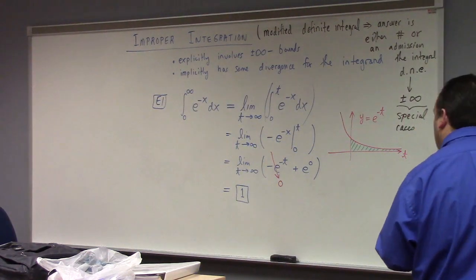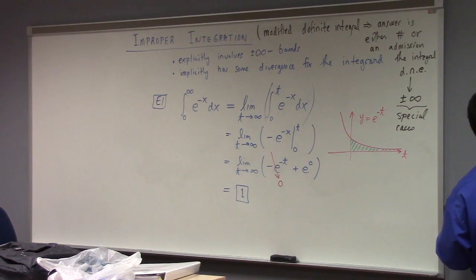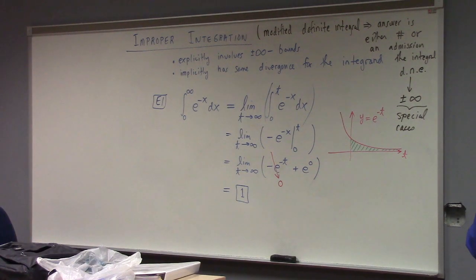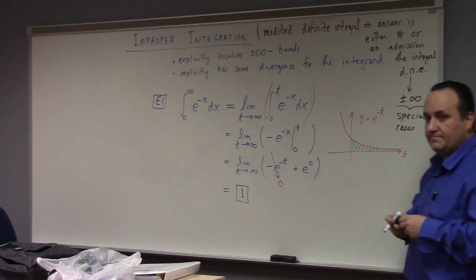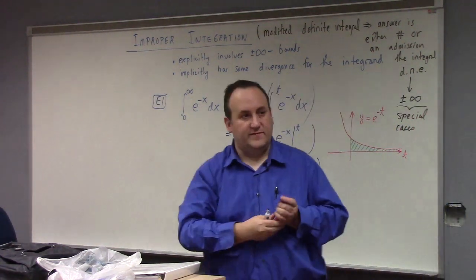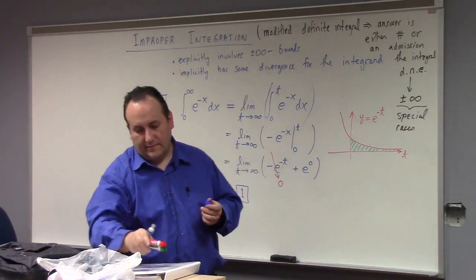Let's look at another example. What if we had the integral from minus infinity to infinity of dx over 1 plus x squared? This is a nice example.